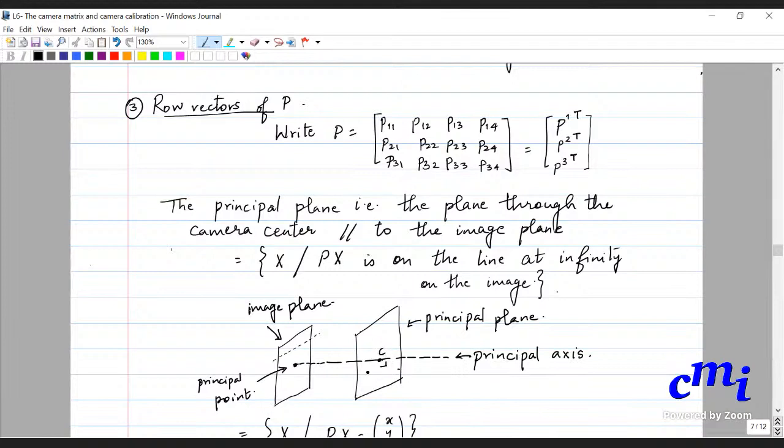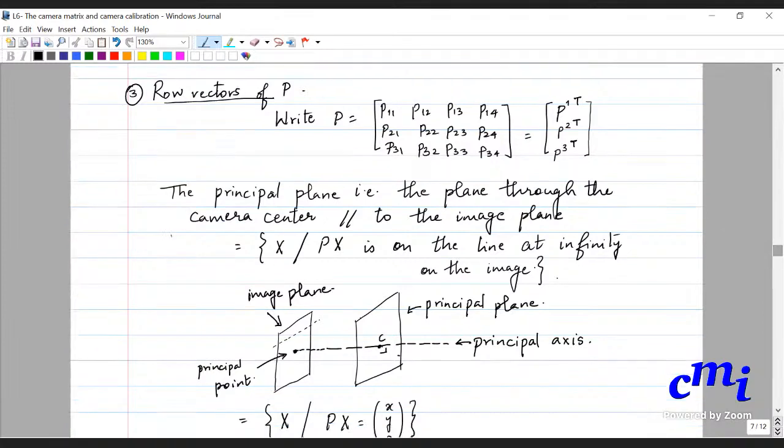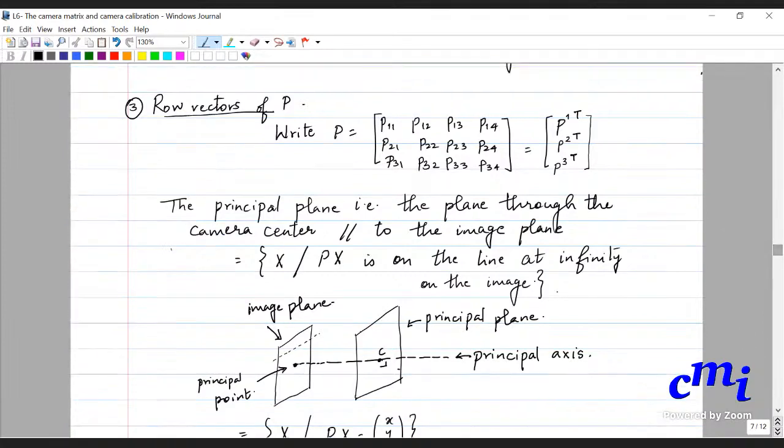All right. So this plane, the principal plane, you can express as the set of all those points such that P maps those points to the line at infinity on the image plane, sort of the horizon of the image plane. For this reason, we can make this definition. Now we write this in terms of homogeneous coordinates.